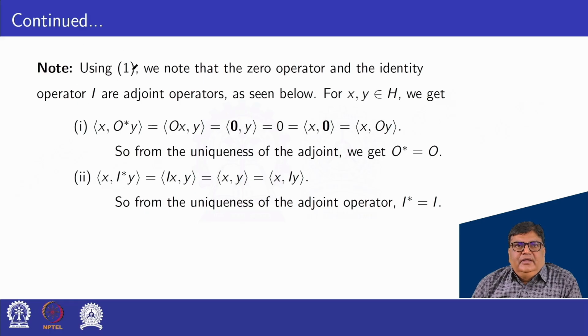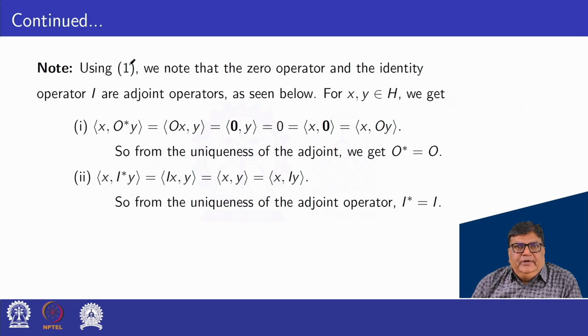Noting point: using equation 1, we note that the zero operator O and the identity operator I are self-adjoint operators, as seen below. For x, y belonging to H, we get first the inner product of x O star y.